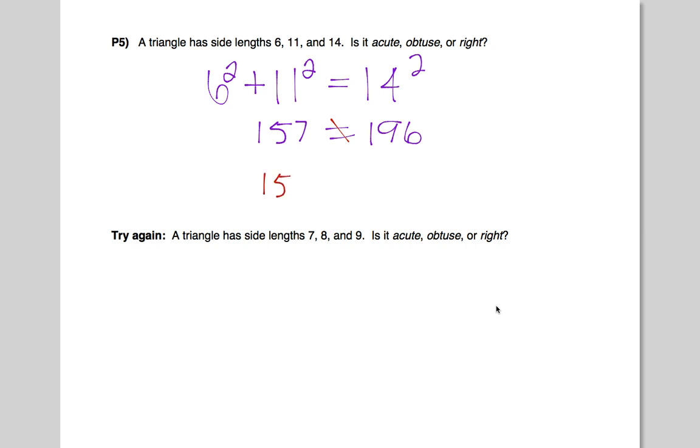So 157 is less than 196. Now it's up to you how you like to see that written. If you want to see the hypotenuse always on the left, then write it like that from the beginning. Just make sure you understand which side represents which part of the triangle. Right now we're saying the sum of the two legs is smaller than the hypotenuse. So this is going to be obtuse.